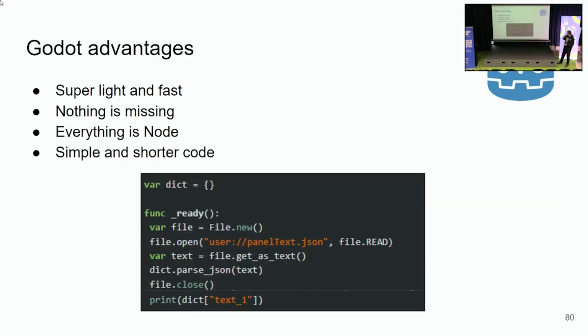The code, GDScript. Before I started, I really hated Python. It's Python-like code, but now I love GDScript because it's just so short. This code opens a file, reads its content, parses it into JSON, and then prints out one value from it.